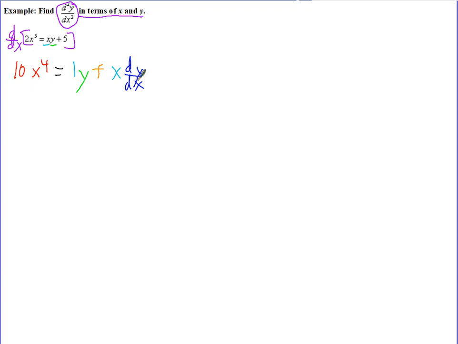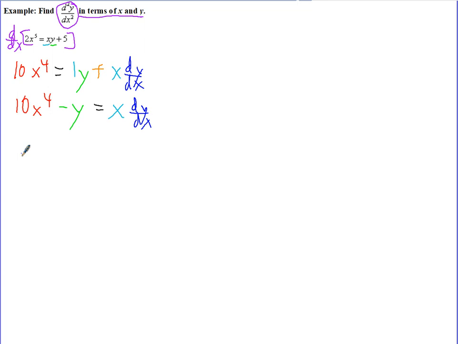So then, to solve for dy dx, here there's only one dy dx, so we can just isolate first by subtracting the y over. And y, x, dy dx, and just divided by x.